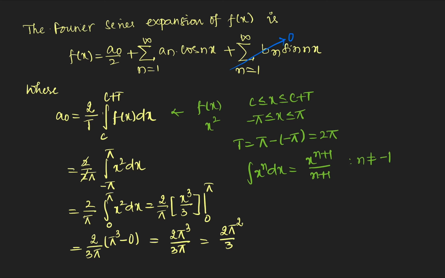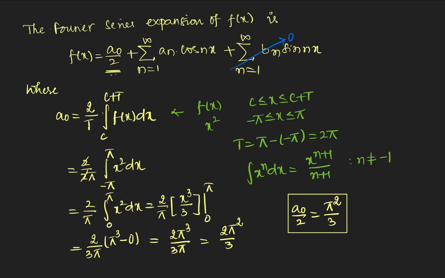This is the value of a0, but in the formula a0/2 is there, so a0/2 is equal to π²/3. So we got the value of a0/2.